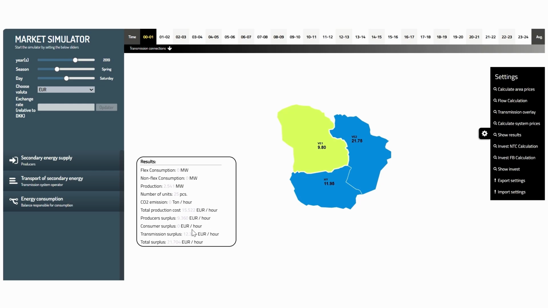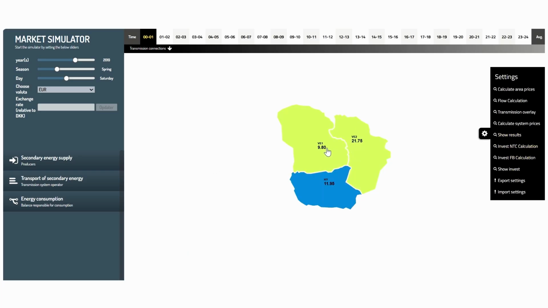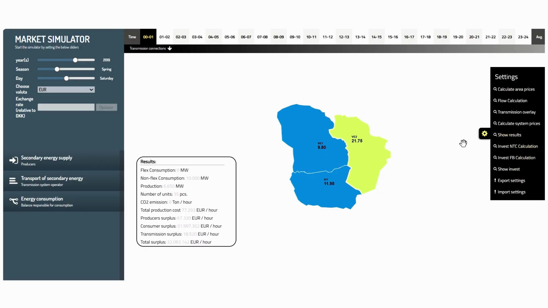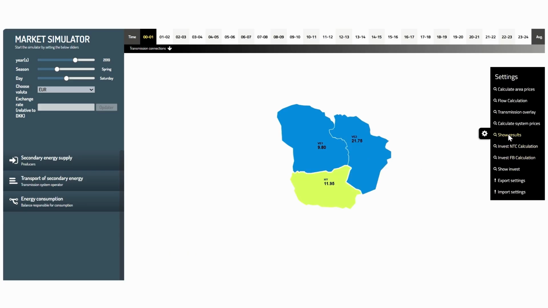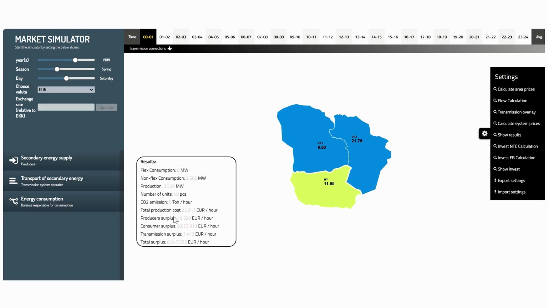We also save this value here, and I do the same here for VE2, save the production and the transmission surplus, and I also do that for HI, the production and the transmission surplus.